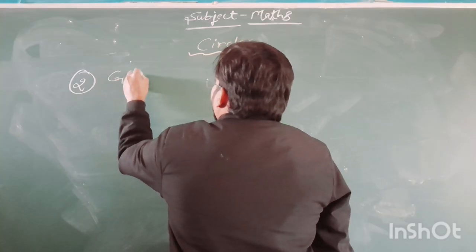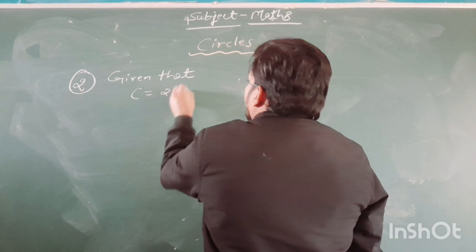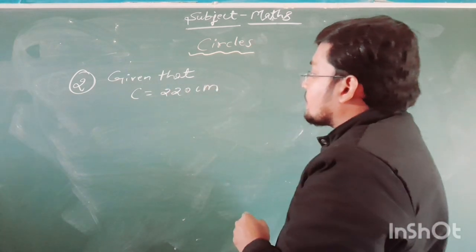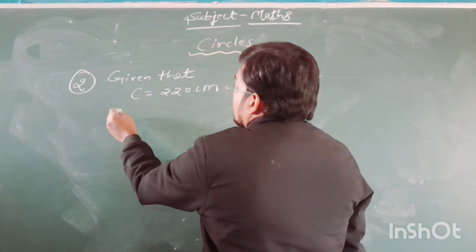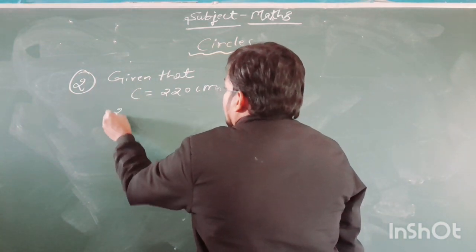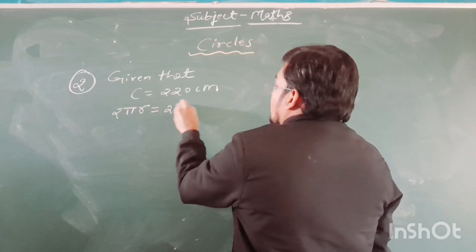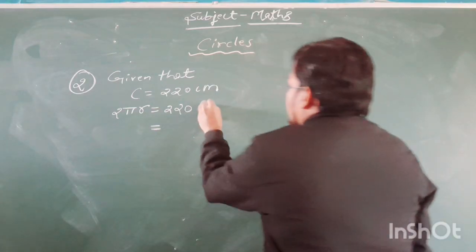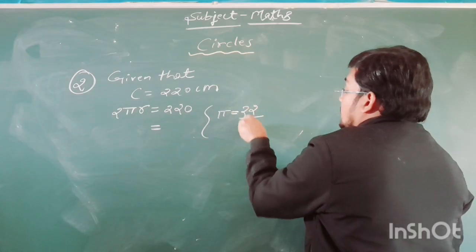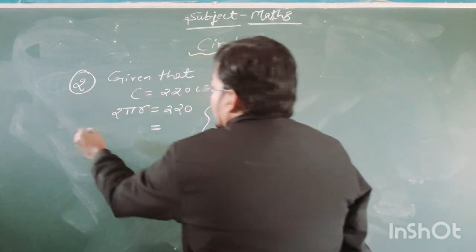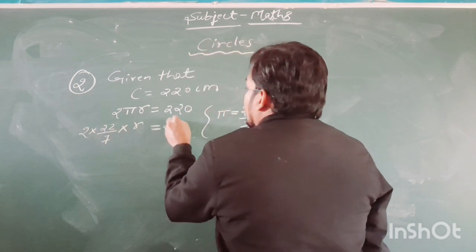Given that circumference of a puddle is equal to 220 centimeter, and we know that circumference of a circle is equal to 2 pi r, which is equal to 220. For calculation, the value of pi is 22 by 7. So 2 into 22 by 7 into r is equal to 220.